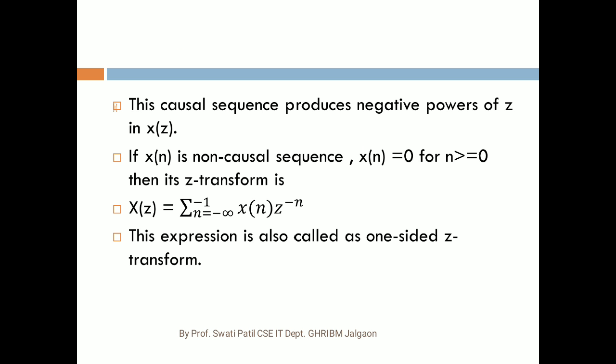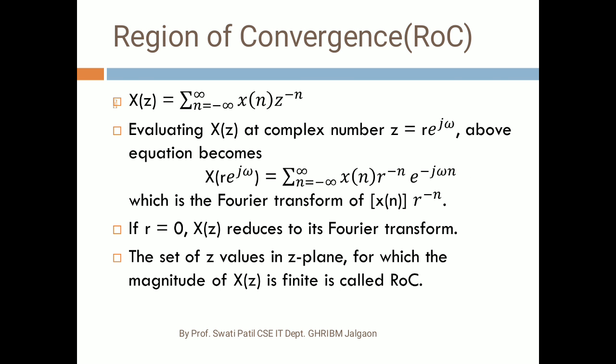So if I put z equal to r e raised to j omega, the above equation becomes X(r e raised to j omega) is equal to summation n equals minus infinity to infinity x(n), that is the given signal, into r raised to minus n into e raised to minus j omega n. So you just have to put the value of z equal to r e raised to j omega.